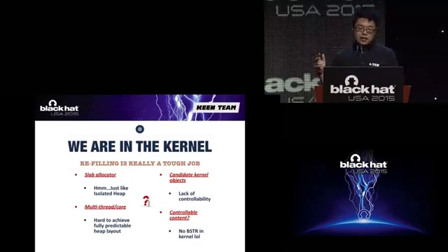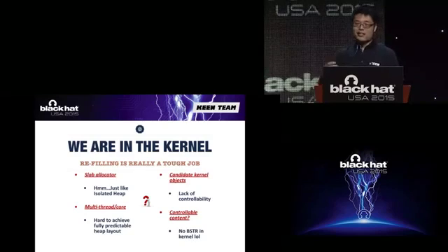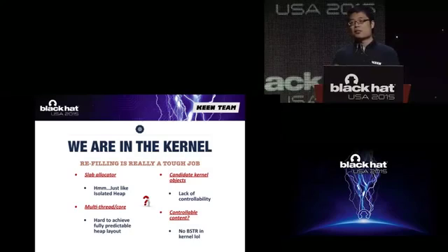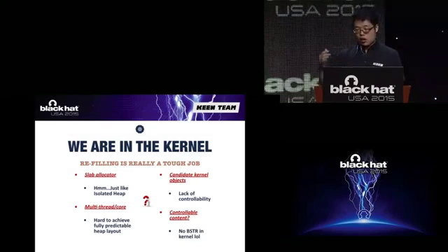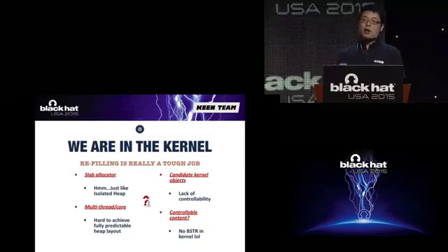The second thing is the candidate kernel objects. We must find a controllable candidate kernel object to do the override, because we cannot directly allocate or deallocate the kernel object. So this is another issue. And the third thing is that we must overcome the multi-threading support of the kernel, because when your attack program is executing, there are hundreds of active tasks simultaneously scheduled on the cores, so they will have an impact on the layout of the kernel heap.